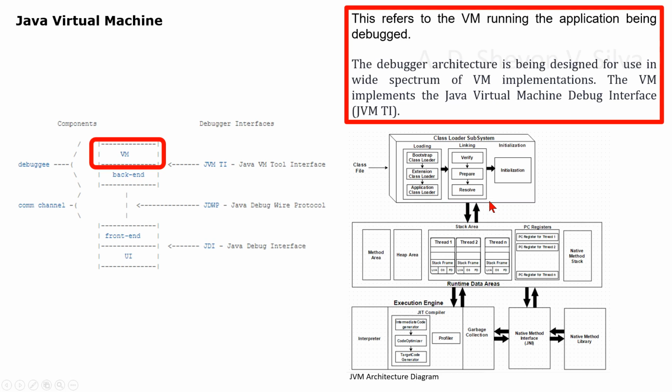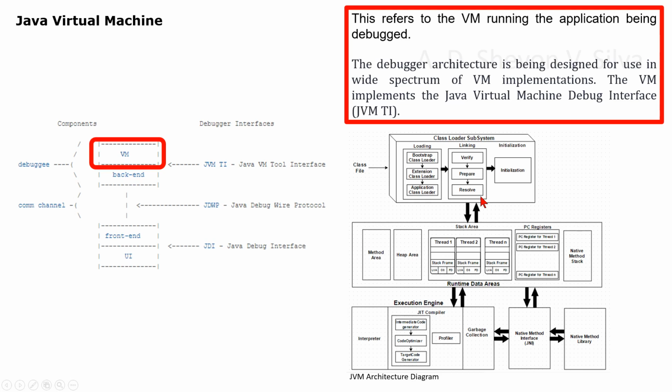Linking. Verify. The bytecode verifier will verify whether the generated bytecode is proper or not. If verification fails, we will get the verification error. Prepare. For all static variables, memory will be allocated and assigned with default values.